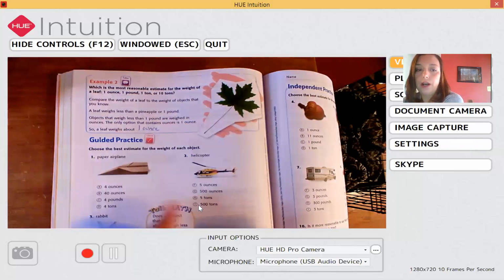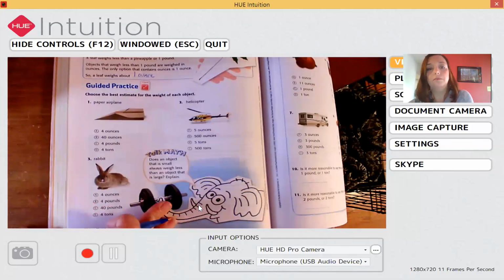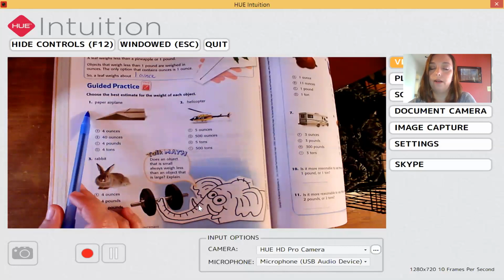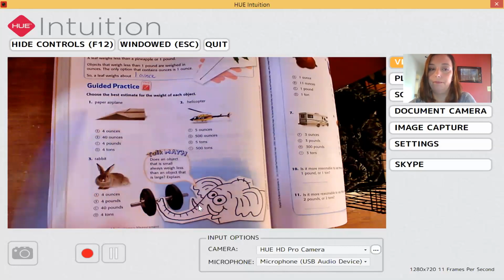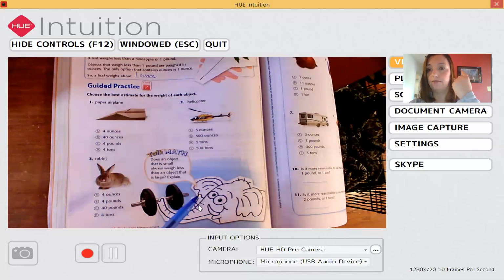Okay, so now we're going to do some estimating of these objects. Choose the best estimate for the weight of each object. So a paper airplane, they've got 4 ounces, 40 ounces, 4 pounds, and 4 tons. I'm thinking of the strawberry, the pineapple, and the car, right?